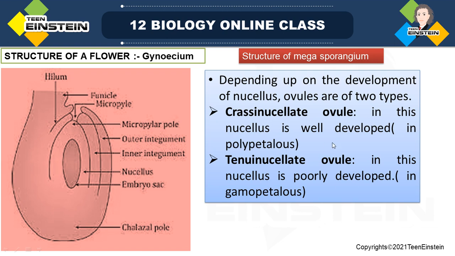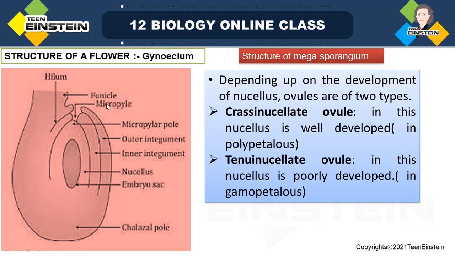In crassinucellate ovule, the nucellus is well developed, and it is present in polypetalous condition. Tenuinucellate ovule means the nucellus is poorly developed. There is no well developed nucellus in the case of tenuinucellate, and you can see this ovule in gamopetalous.